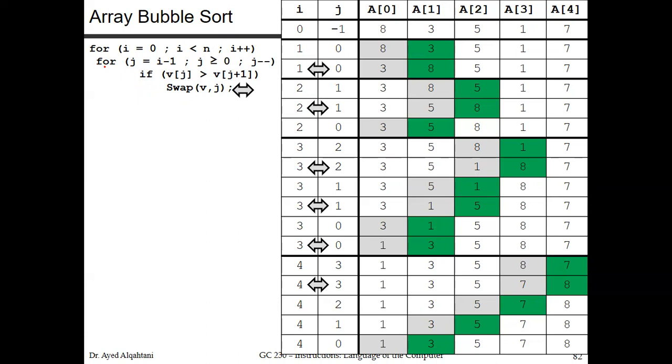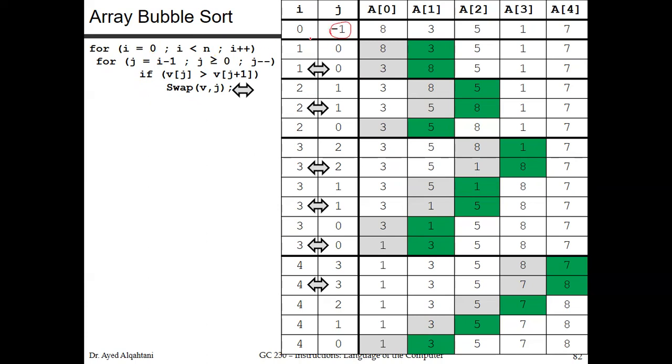Now, the second for loop, this is, as you know, nested for loops. The j is equal to I minus 1. So whatever value of I, the j is going to be this I minus 1. So at the beginning, it would be 0 minus 1, which is going to be minus 1.